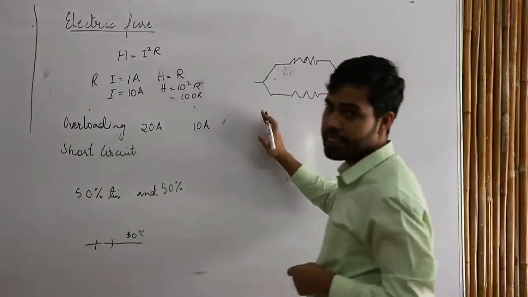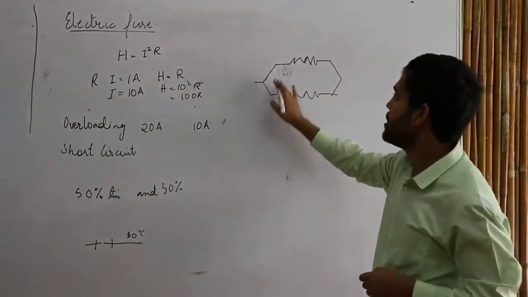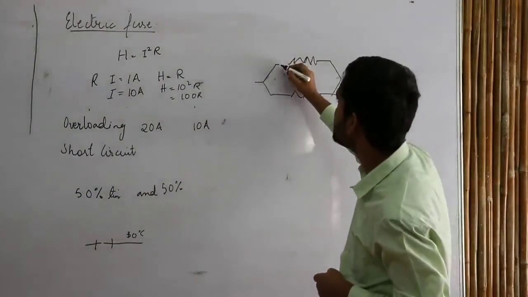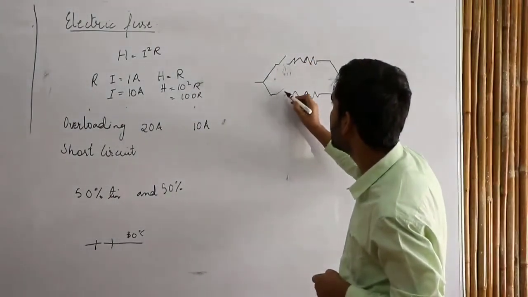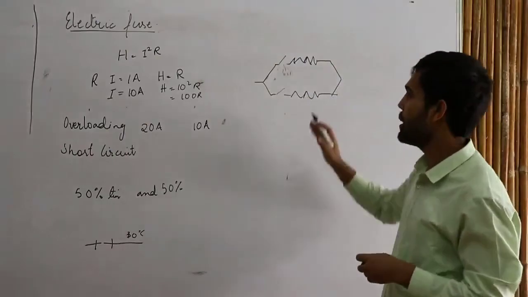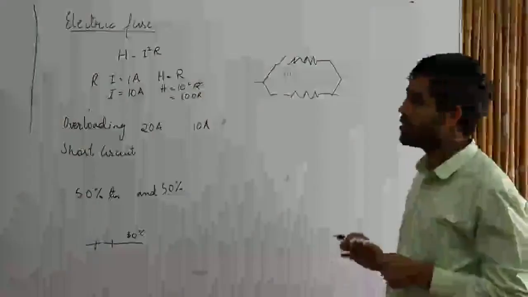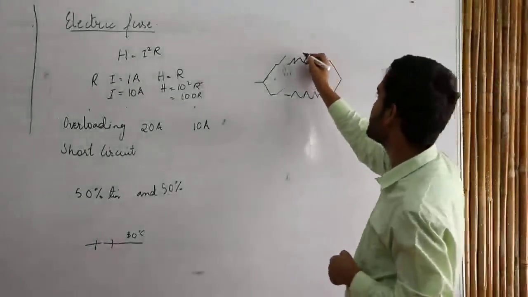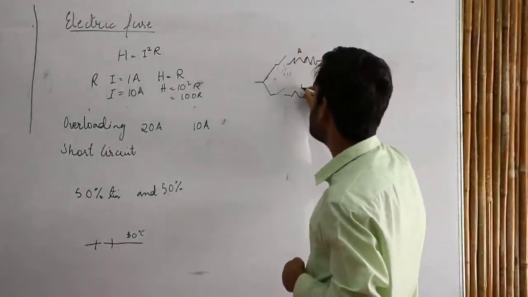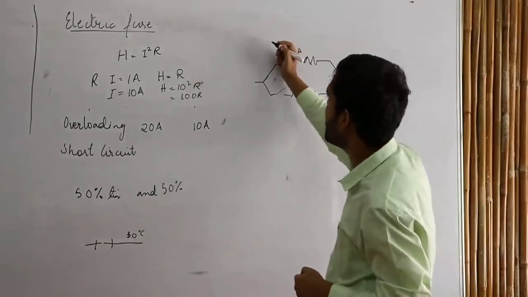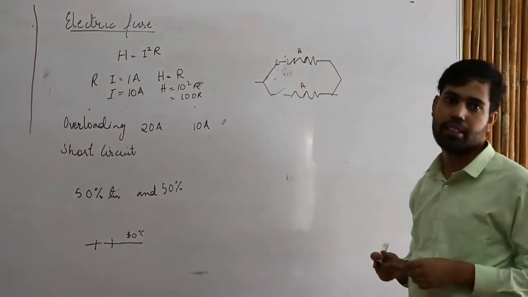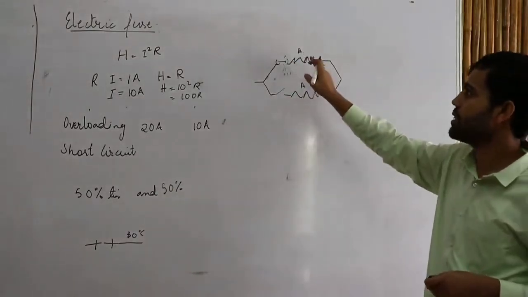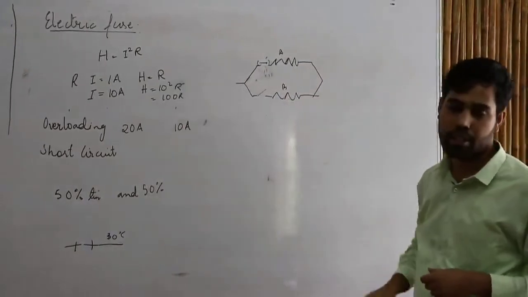Here I can have two different switches, one here and one here, to operate these two resistors. If I want resistor A to be working and B not to be working, I put this switch on, and this one remains in the switch off state. So resistor A will be working and resistor B will not be working.